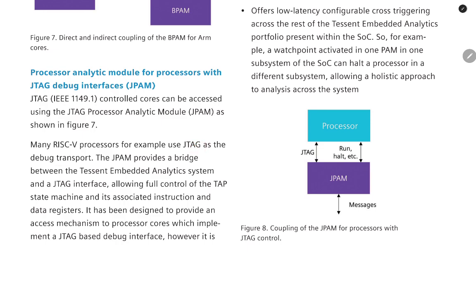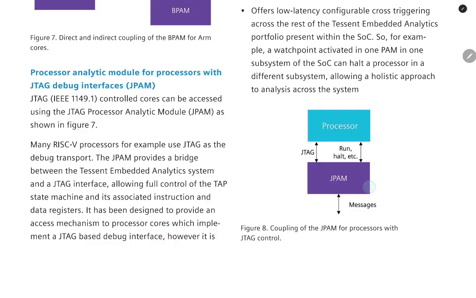The JPAM provides a bridge between the Tessent embedded analytics system and a JTAG interface, allowing full control of the TAP state machine and its associated instruction and data registers. It has been designed to provide an access mechanism to processor cores which implement a JTAG debug interface.